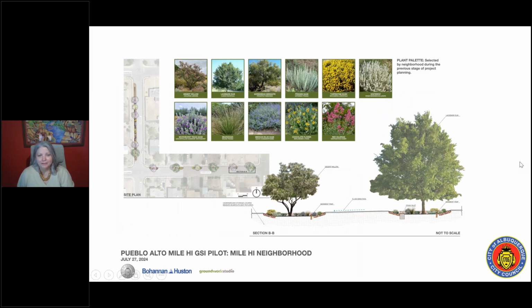They chose slightly different plant palettes. But again, it's just a really exciting project. My goal is to not have this be the last one. This is just the first of many, many of these that we need to have a collective giant impact on the amount of water that's rushing through our streets and into people's yards. So, next slide.